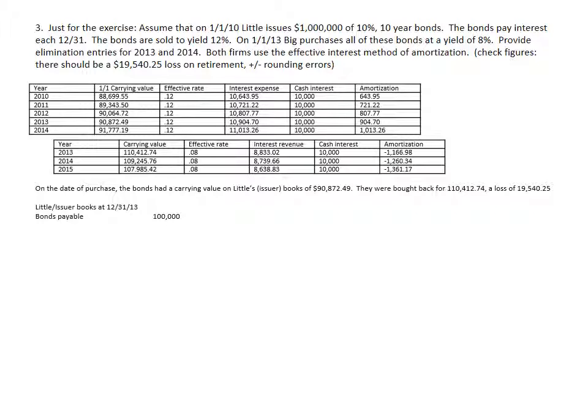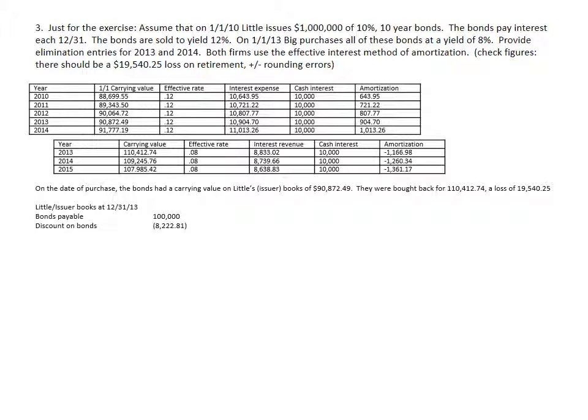Again, let's make a list of the accounts on the issuer's books at the end of 2013. Bonds payable is easy, $100,000. The discount on bonds. Looking at the top amortization table, the carrying value numbers represent the carrying value at the beginning of the year, face value minus discount.